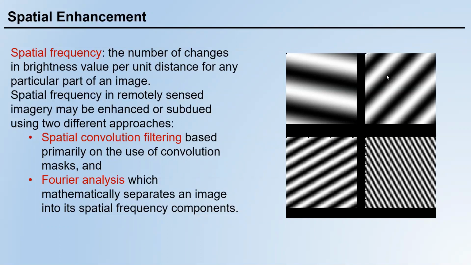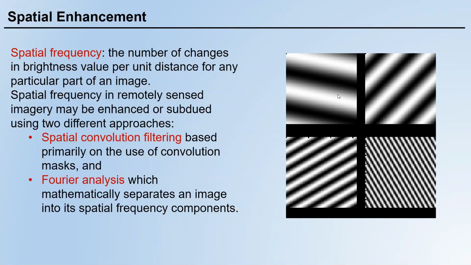From left to right, from top to bottom, we have figure 1, figure 2, figure 3, and figure 4. There are strips in all of them, for sure, but for some of them, there are more strips than the rest. According to this definition, spatial frequency is decided by the number of changes in brightness value per unit distance.